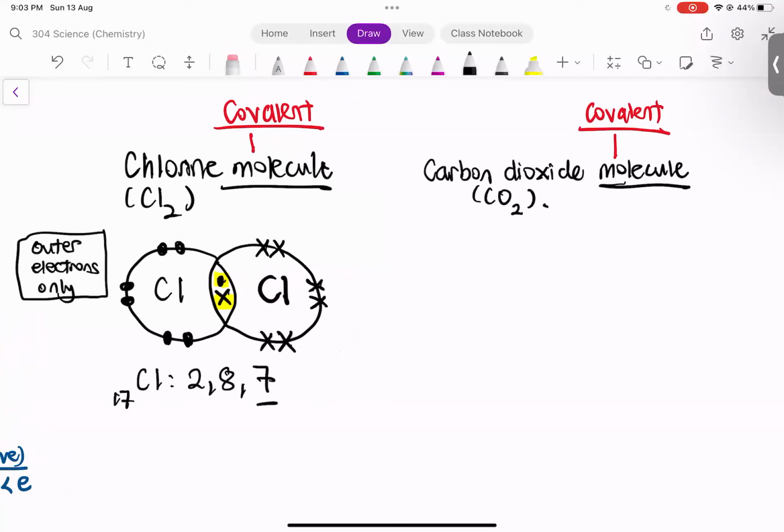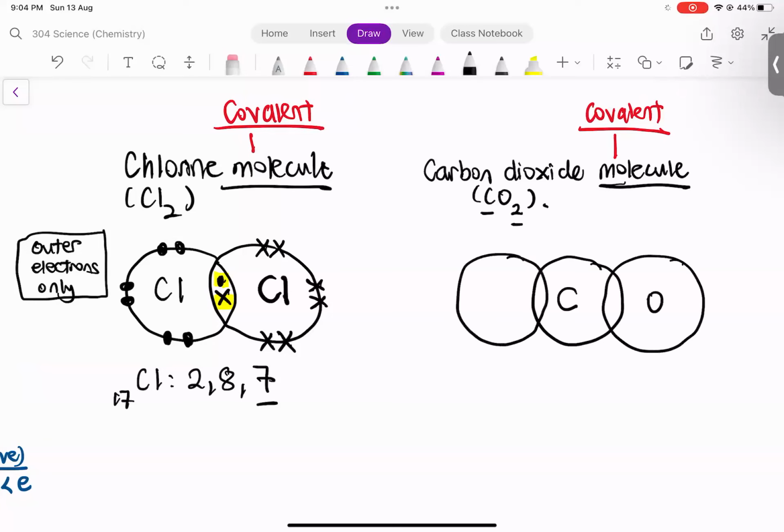However, now you have 1 carbon, 2 oxygens, 1 C, 2 O. So we always put the 1 in smaller number. If you only have 1 carbon, put the carbon in the center. Then oxygen goes to the side. That's it. Next, you got to figure out how many electrons are being shared. We look at the one that is at the side, which is oxygen.